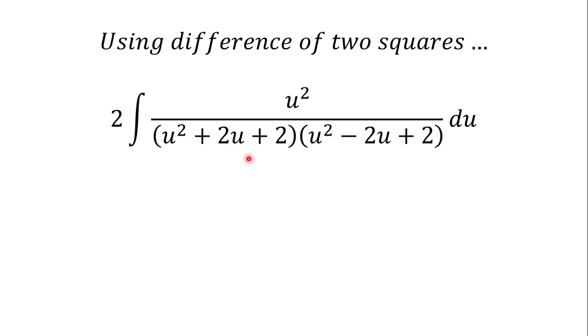Minus 2u minus 2u give us minus 4u. Minus 2 plus 2 give us what? 0. This one is going to give us minus 4u all over this one. You see, we've gotten it to be negative, but this one here is not negative.